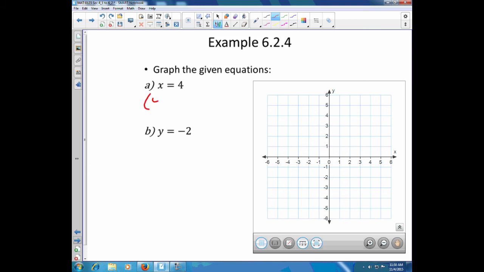So we can choose y to be anything. 4 and 1, 4 and 2, so long as x is equal to 4. Well, if we plot those 2 points, 4 and 1, and 4 and 2, right, or 4 and 3, you can see that what you get is a vertical line through x equals 4.